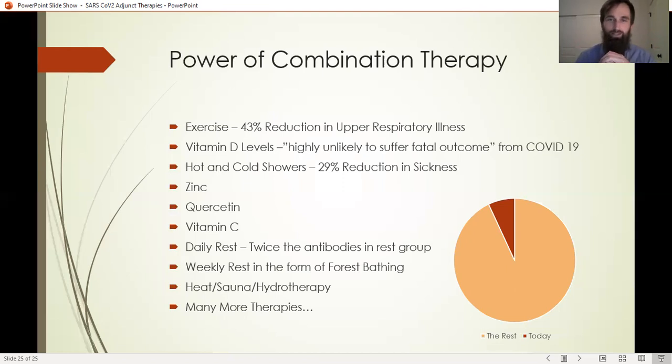and the things that are simple, effective, and less dependent on the supply chain. As long as you have a home that has hot water, you can do hot and cold treatments. As long as you have access to healthy food, you can get a lot of these nutraceuticals in whole food form.